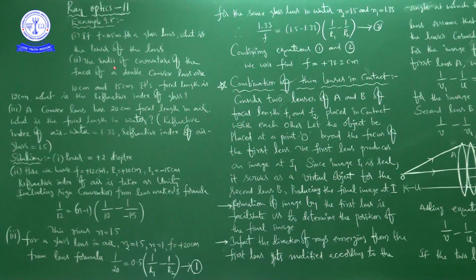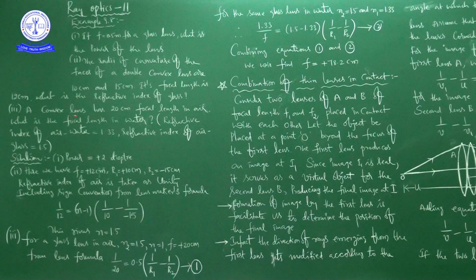Second one, the radii of curvature of the faces of a double convex lens are 10 centimeter and 15 centimeter. Its focal length is 12 centimeters. What is the refractive index of the glass? So by giving radii of curvature for double convex lens and then giving focal length, asking to calculate refractive index of a glass.